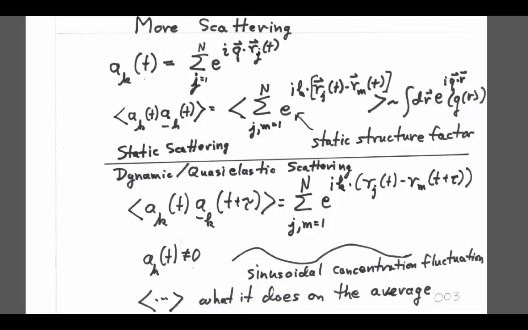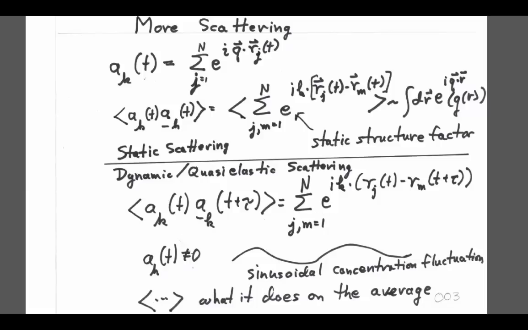I'm being a little inconsistent whether I'm calling the scattering vector k or q, but in this equation it's k throughout. And a_k(t) times a_minus k(t plus tau) is this double sum over j and m, where the phase factors show where the particles are at two times. Now, what does that object mean when we take its ensemble average?